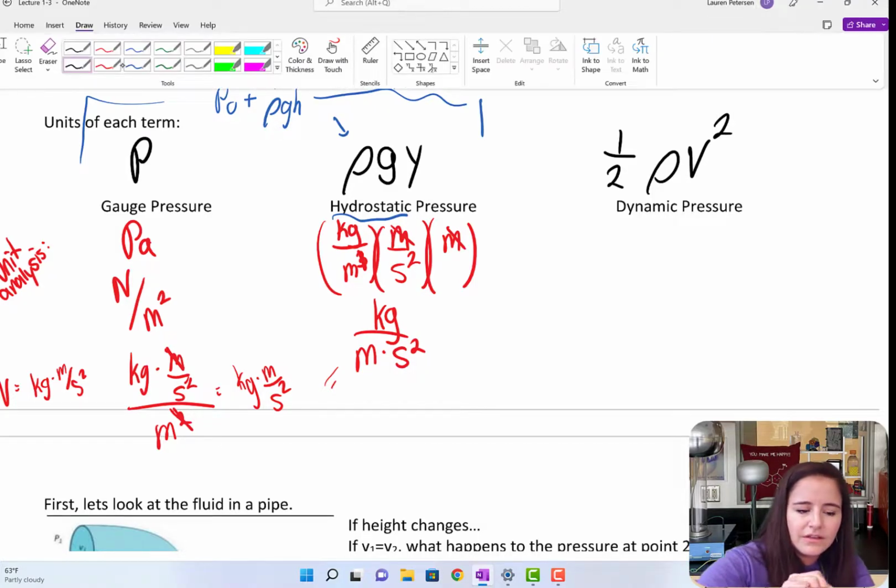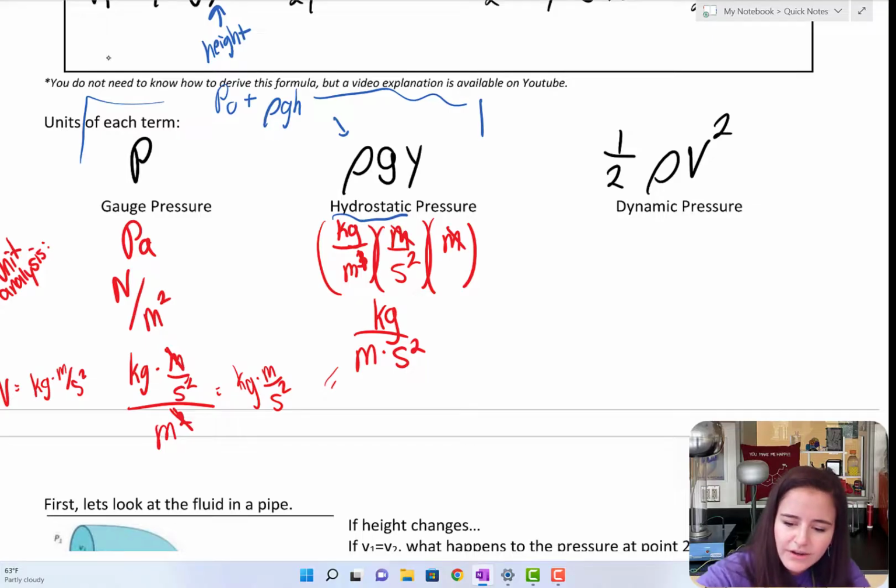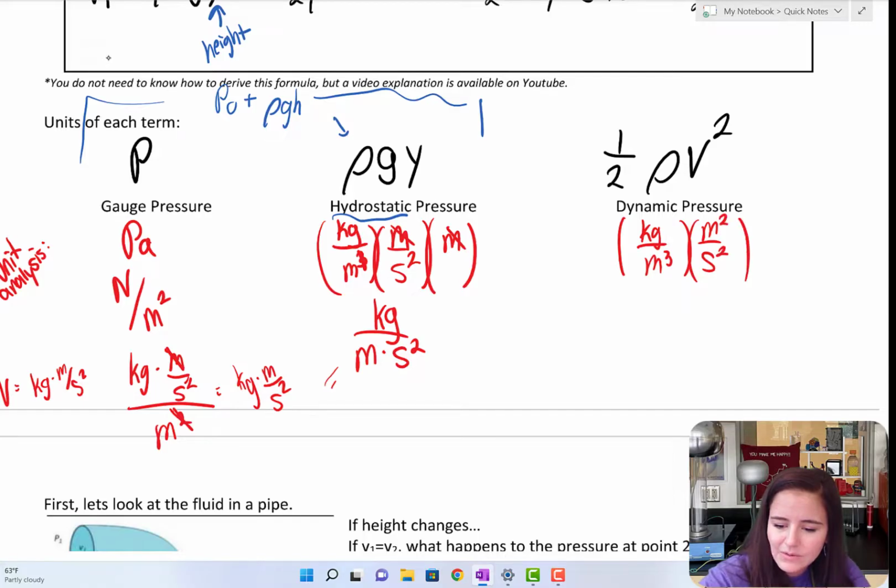And again, we can look at the units just to make sure that they'll always work out for us. 1/2 doesn't have units, and then we have kilograms per cubic meter times meter squared per second squared.